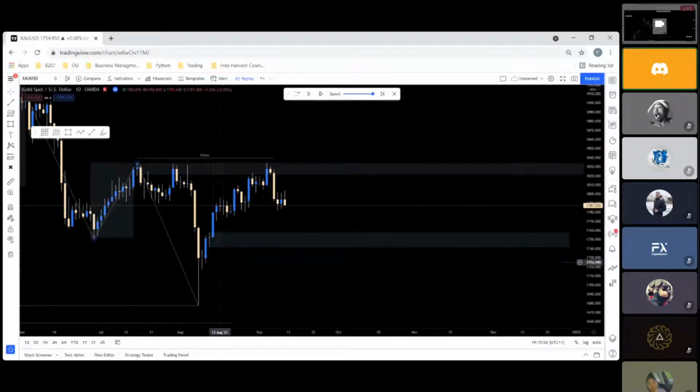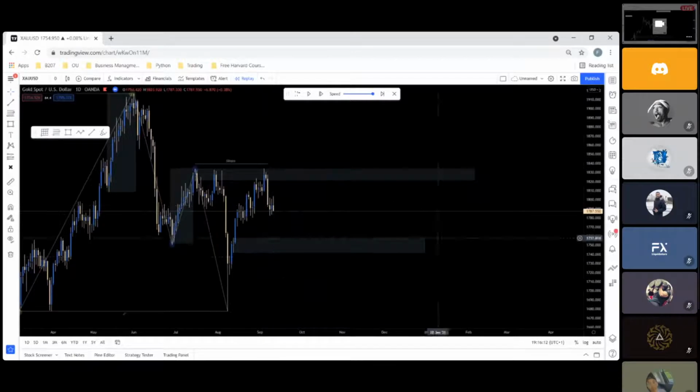Although on a daily, you don't have the characteristics of what you'd expect to see, because all you have is 3 down candles there. But for me, it'll be a point of interest, and I'll drop down to an 8-hour to see if there's anything good there. So, let's get this right.